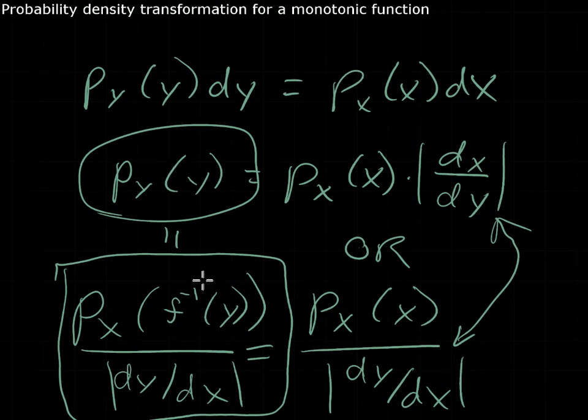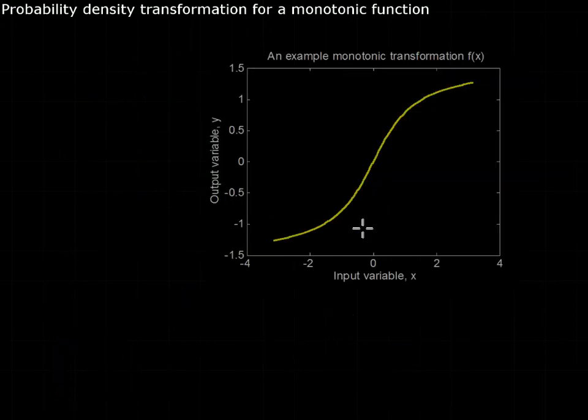And let me give a graphical example again with that arctangent function to illustrate these concepts at play. So here we return to the example mapping function that we gave earlier.